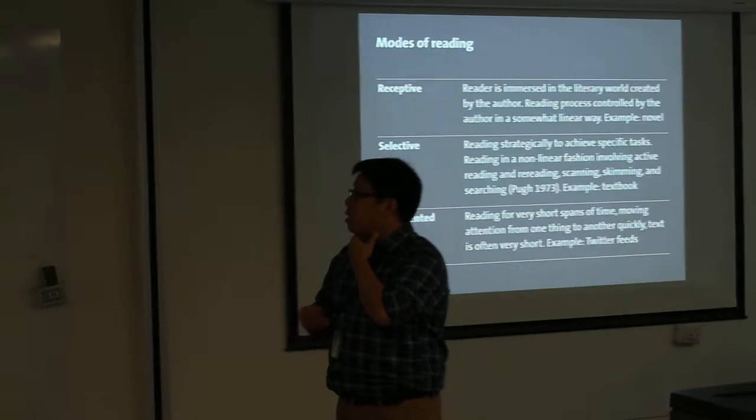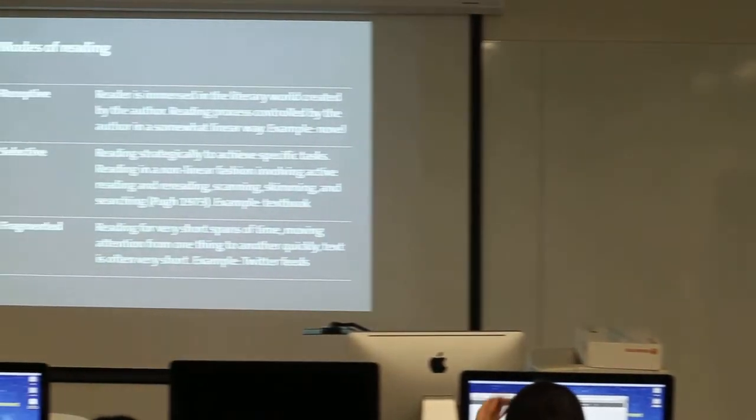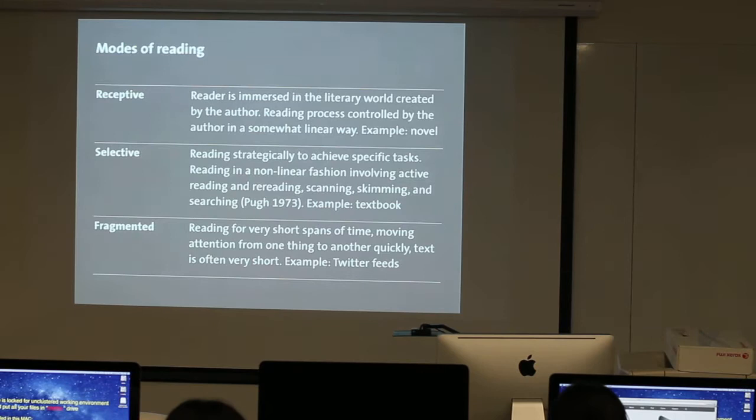Recap. Last time we talked about 3 different modes of reading. Receptive is where you immerse in a body of text, in a story usually. You read in a linear way.